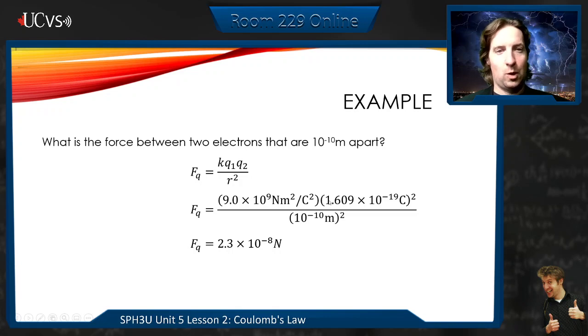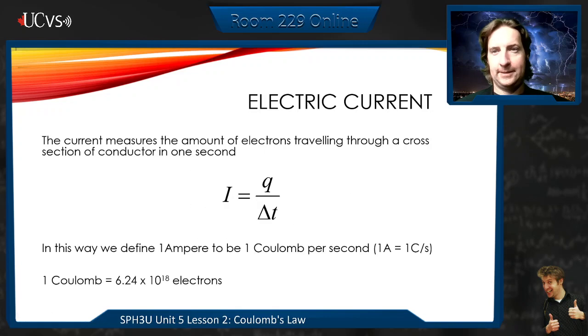And so 1 Coulomb is the inverse of this number. If I take 1.6 times 10 to the negative 19 coulombs, 1 Coulomb is the inverse of this. 1 divided by this number represents a Coulomb, or here, it's 6.24 times 10 to the 18 electrons.